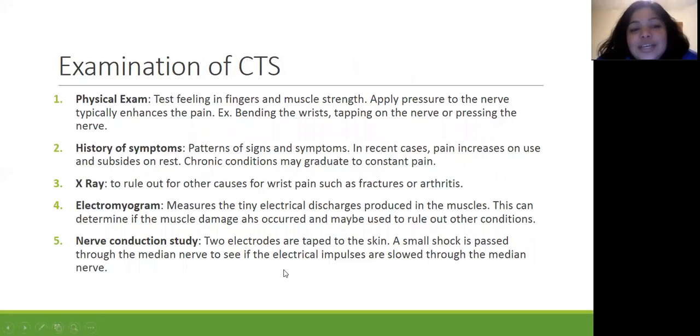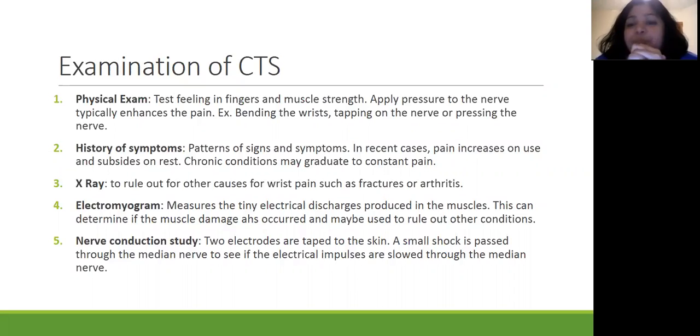Next, these are the examinations that have been described that is typically done for carpal tunnel syndrome. So for instance, they do a physical exam. They do that to test the feeling in the fingers and as well to test the muscle strength. So for instance, they may ask you to press down or to hold certain objects, to look at the grip. They'll check to see that.